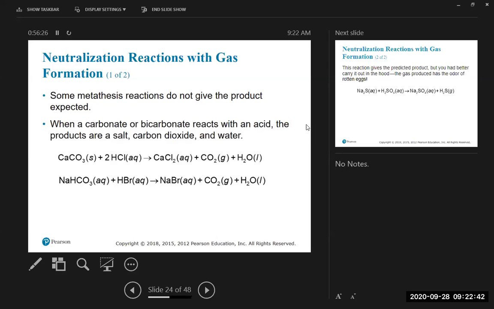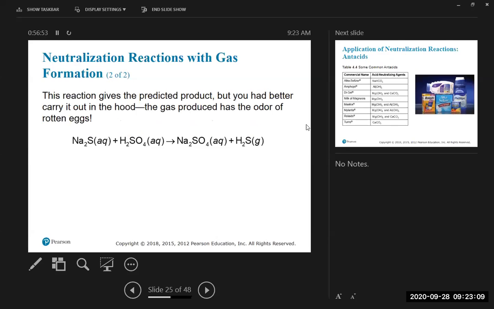So we have a salt that forms, but we also get carbon dioxide and then water. I think it was the first or second lab when we were going to mix some of those things and we didn't get a chance to do it. One of the things we would have seen is that when you do this reaction, you get a bunch of bubbles that form, and that's the CO2 being given off.